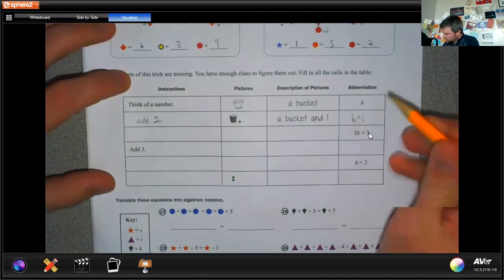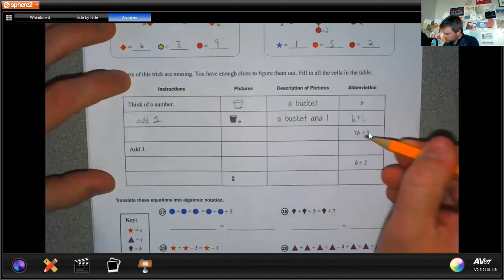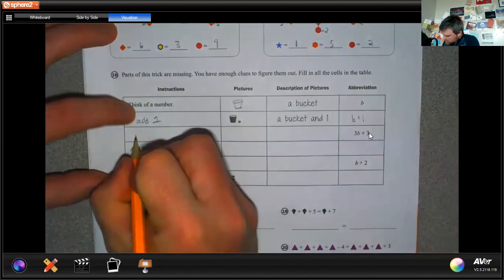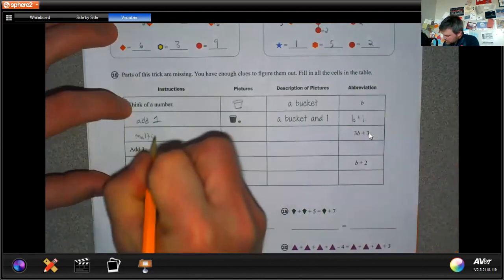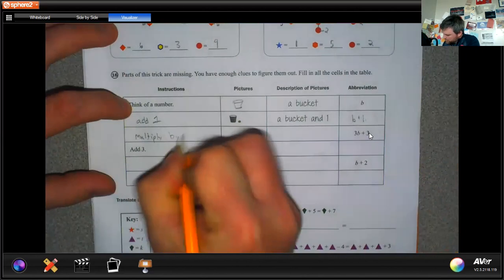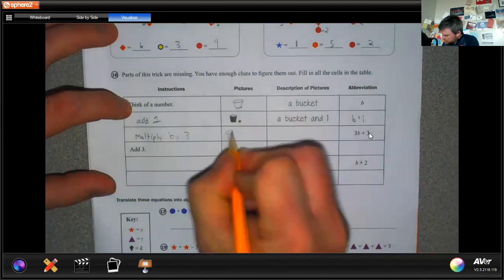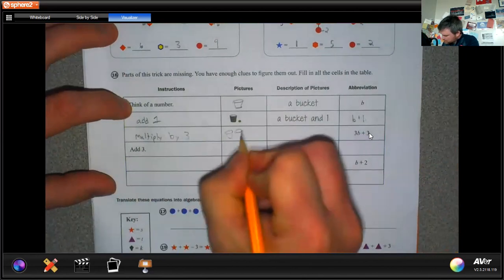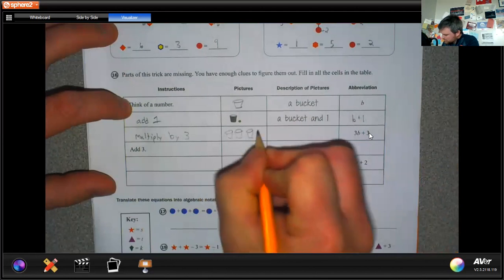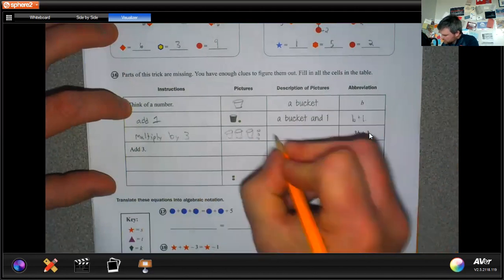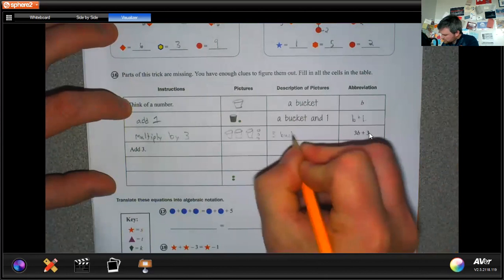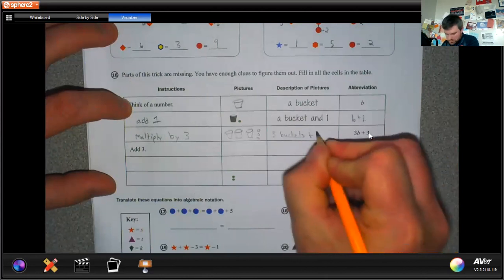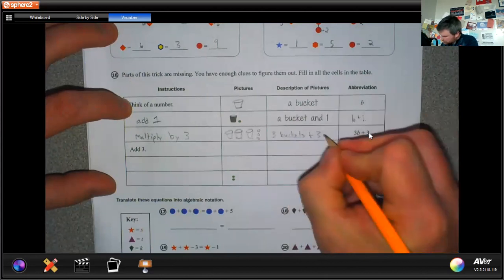Then we went from B plus 1 to 3B plus 3. So that's multiply by 3. So you got 3 buckets and 3 marbles.